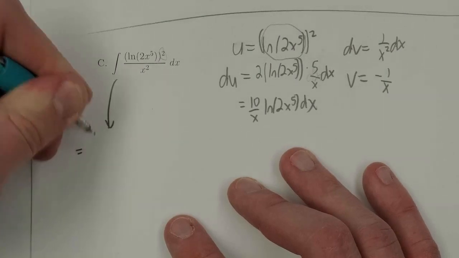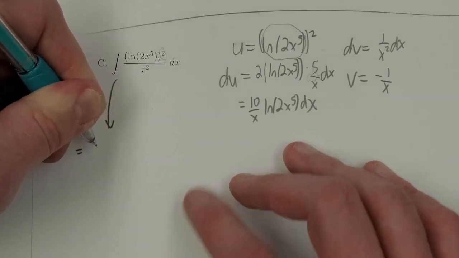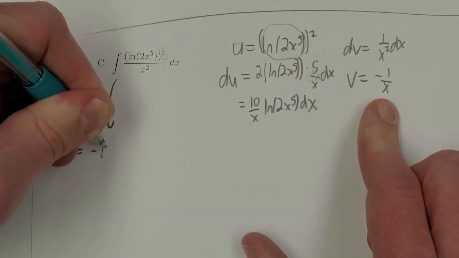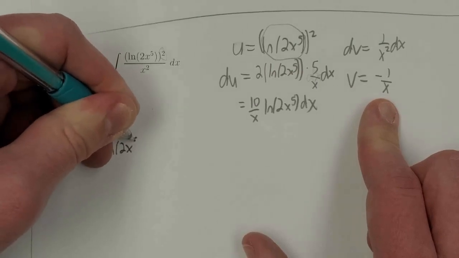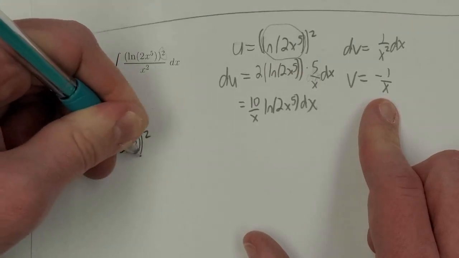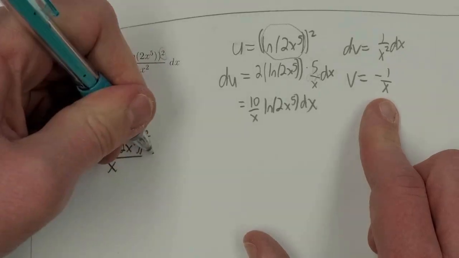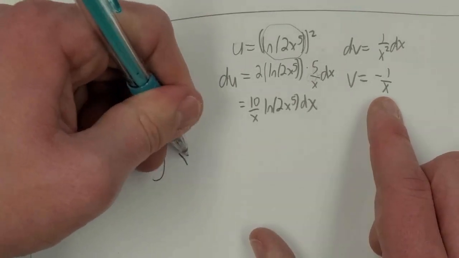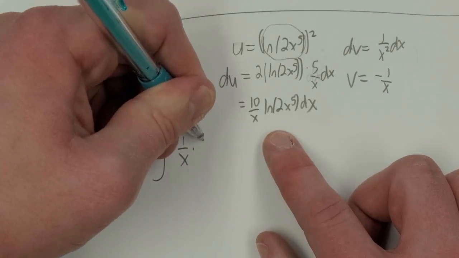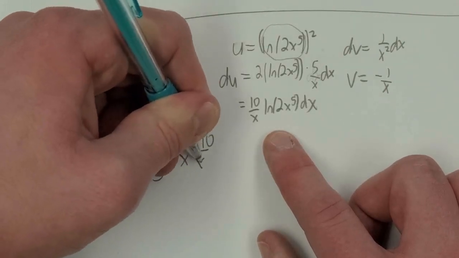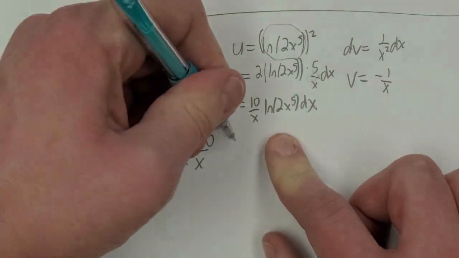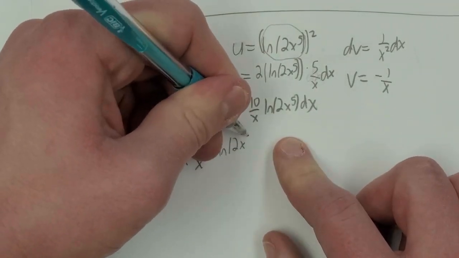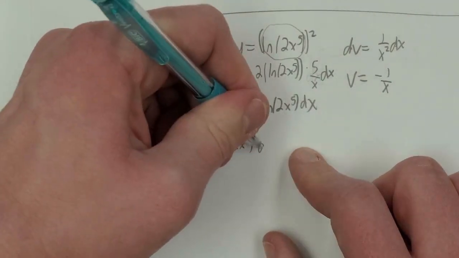So now we have uv, so u times v is going to be negative natural log of 2x to the 5th, all quantity squared, over x, and then minus antiderivative of negative 1 over x times 10 over x times natural log of 2x to the 5th dx.